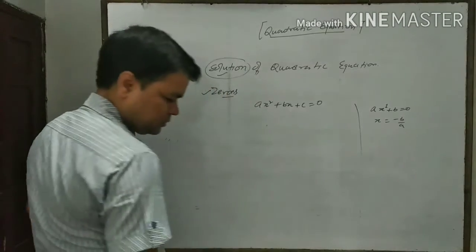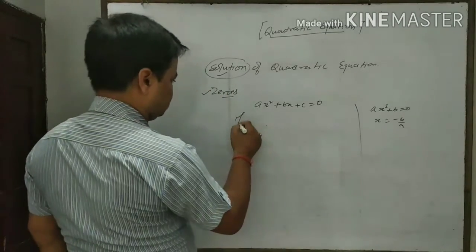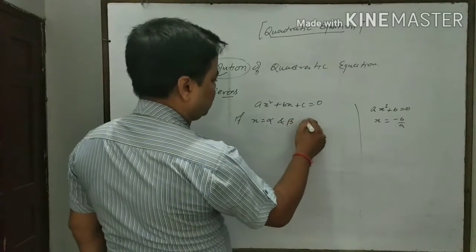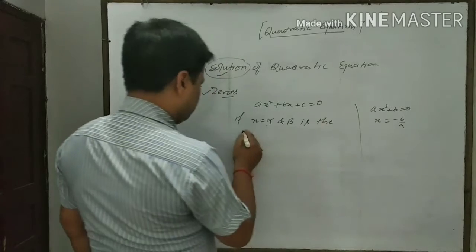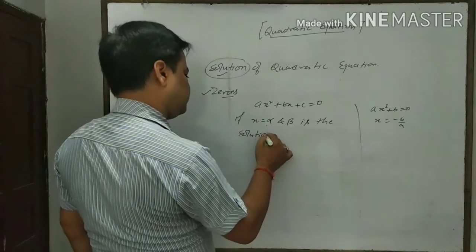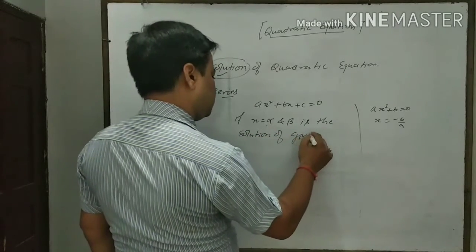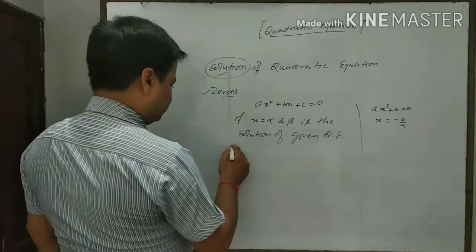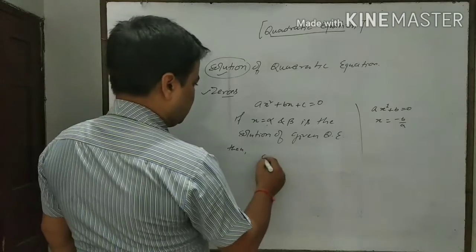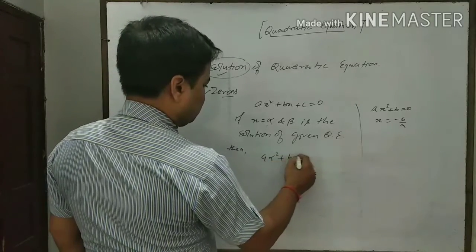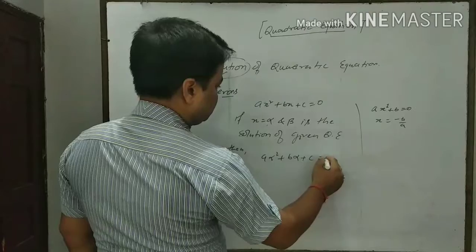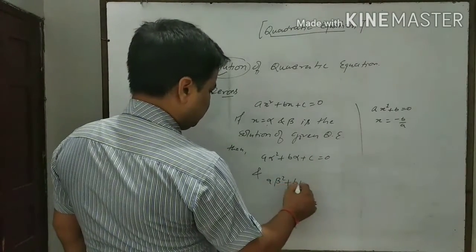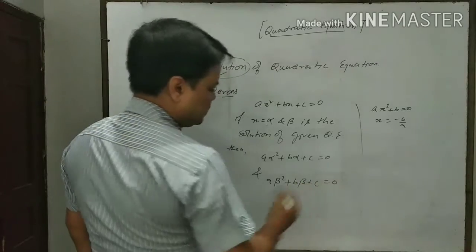If x is equal to alpha and beta is the solution of the given quadratic equation, then a alpha square plus b alpha plus c is equal to 0, and a beta square plus b beta plus c is equal to 0.